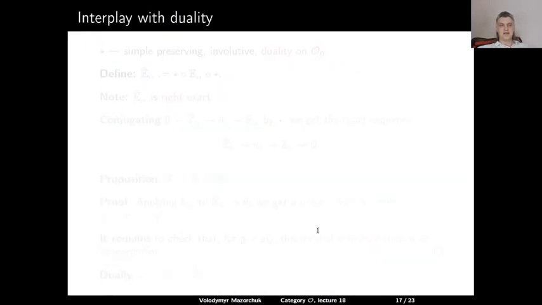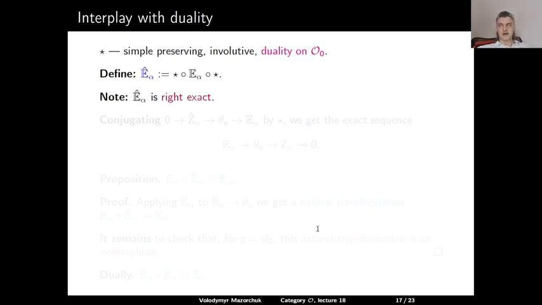Next, let us discuss the interplay of Enright's completion with a simple preserving duality star on O0. So let us define E alpha hat as a conjugation of E alpha by the simple preserving duality. Of course, directly from the definition, it follows that E alpha hat is a right exact functor.